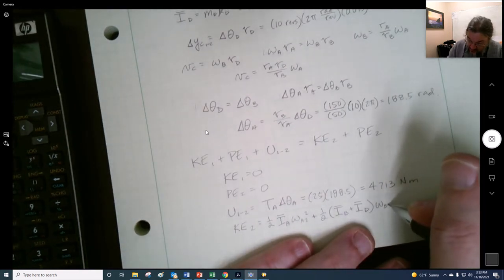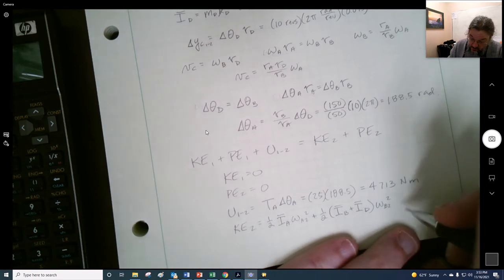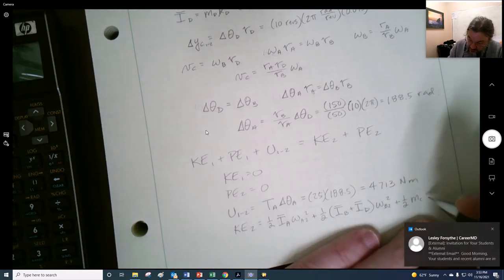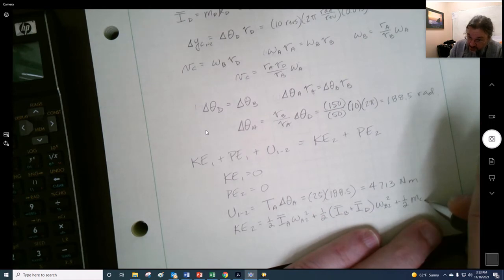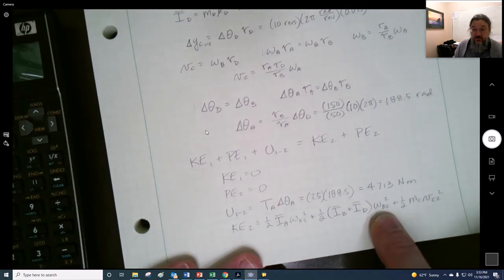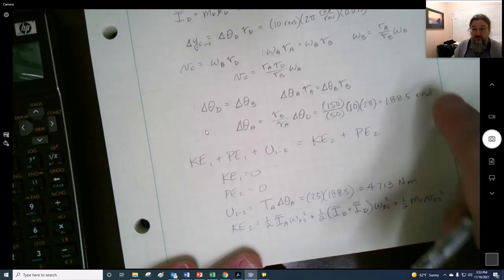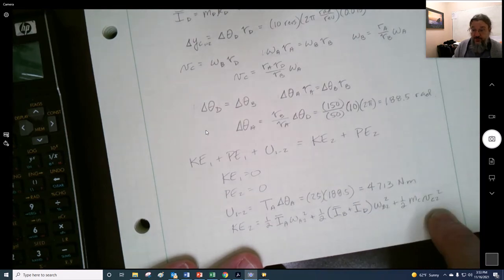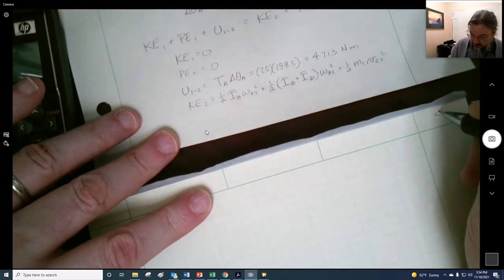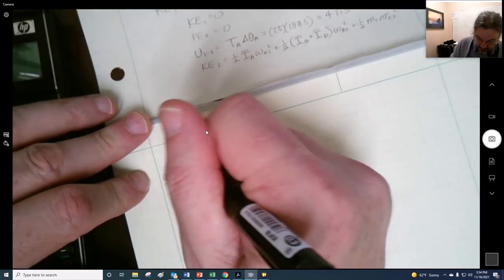It's omega B2 squared. And then plus the translational kinetic energy of mass C, so VC2 squared. Now we need to replace omega B with this, and VC with that. I'm going to cram that onto the next page, but don't worry, we're almost done. This is 2 continued.